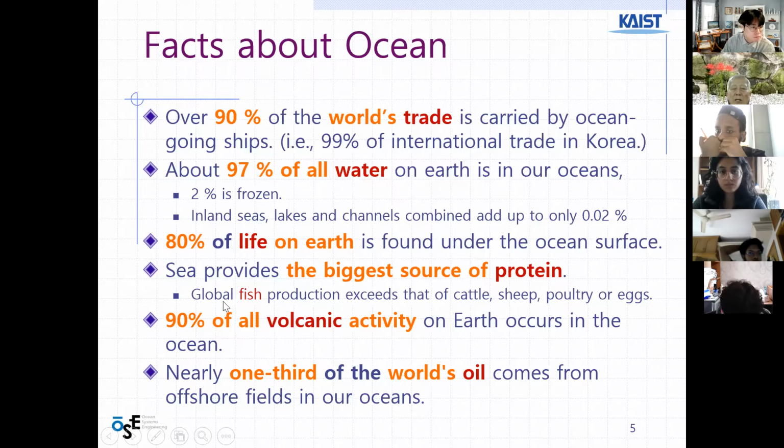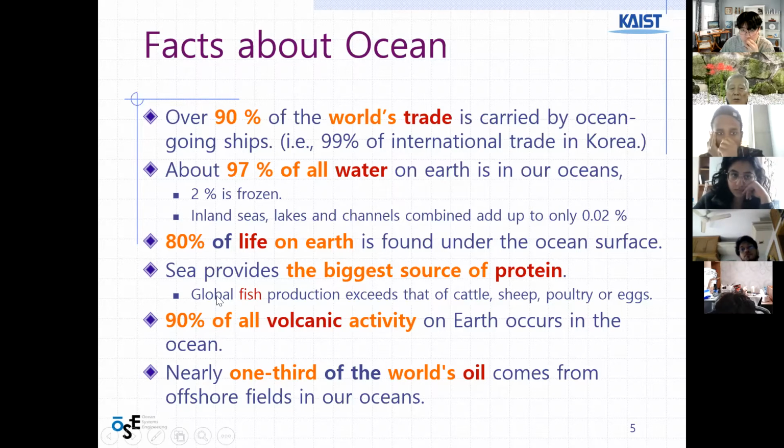Fish production is very big, so that cattle, sheep, and poultry or eggs altogether are less than fish production for our food.